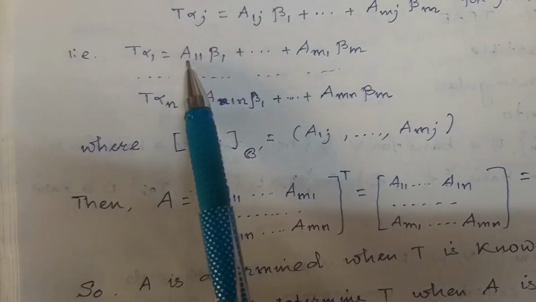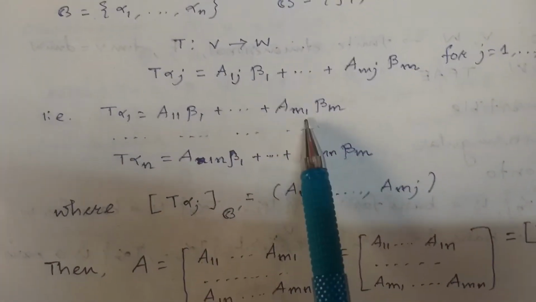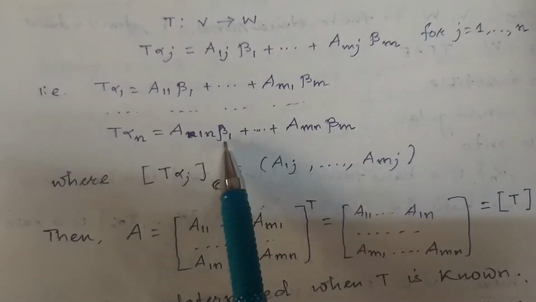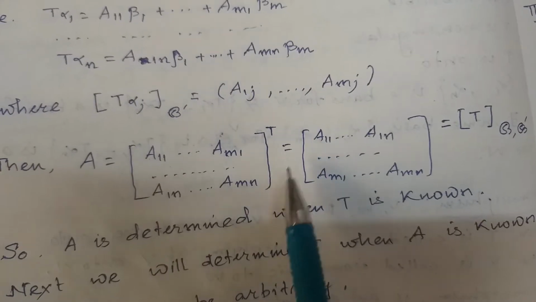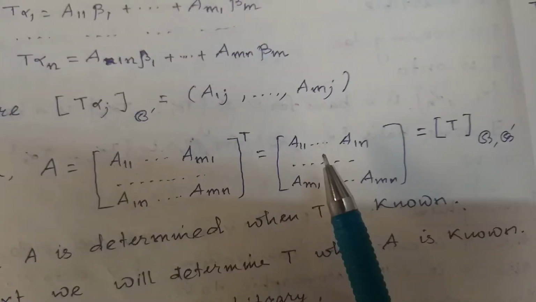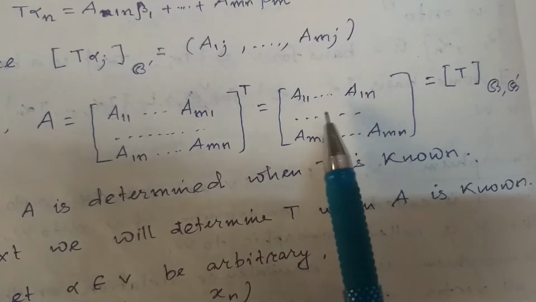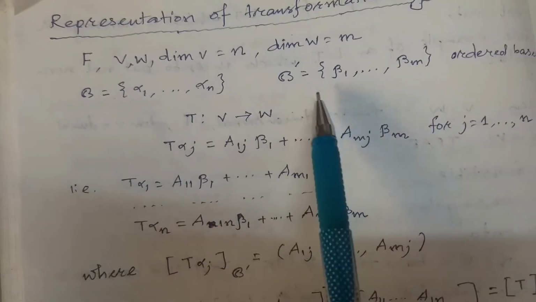Now we construct the matrix with these coefficients and take its transpose. So a11 ... am1, and so on up to a1n ... amn. We take this matrix and its transpose, so the columns become rows. This is called the matrix of the linear transformation T with respect to the two bases.